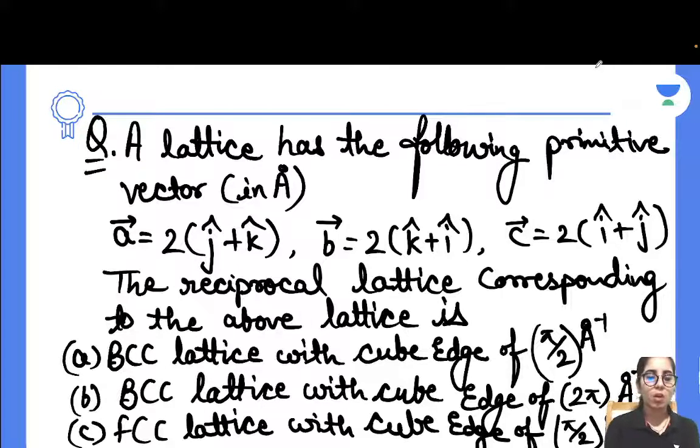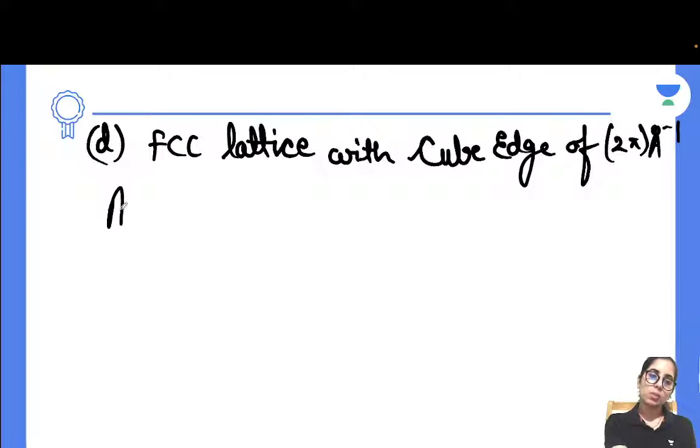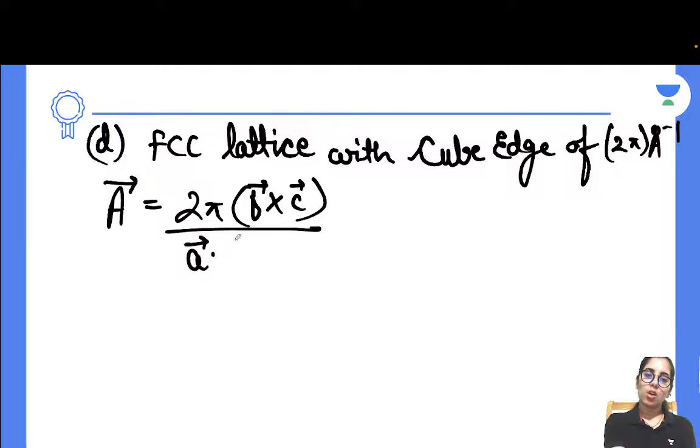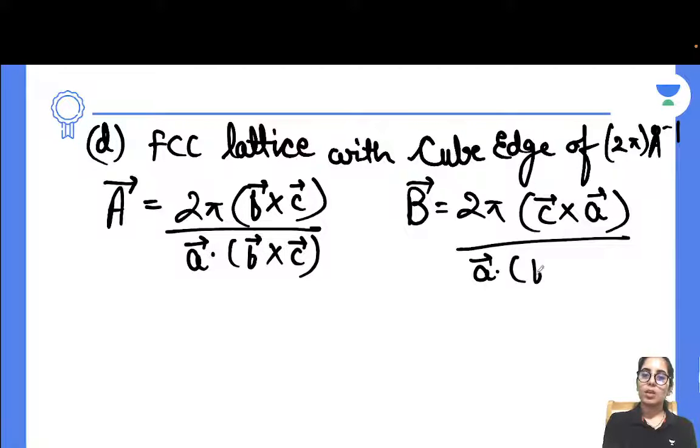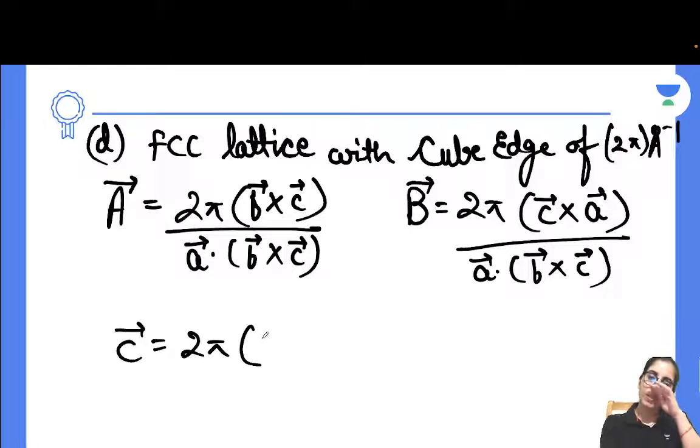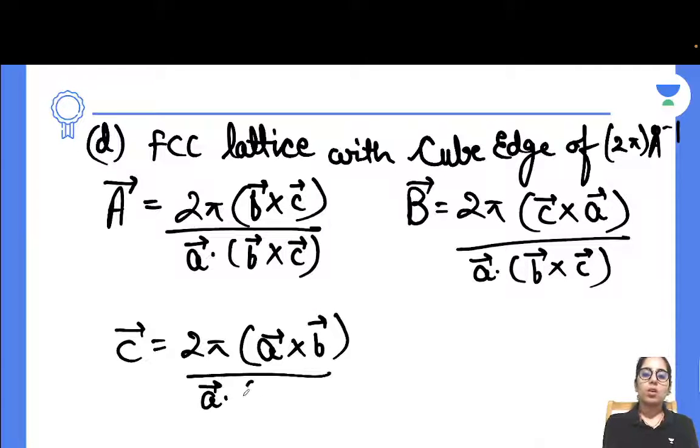The denominator remains the same in all cases, but the numerator changes. So the formulas are: A equals 2 pi B cross C over A dot B cross C; B equals 2 pi C cross A over A dot B cross C; and C equals 2 pi A cross B over A dot B cross C. That's what you will have, right?